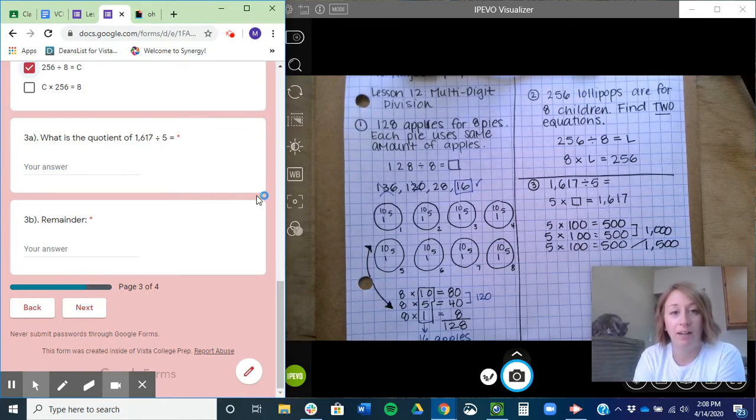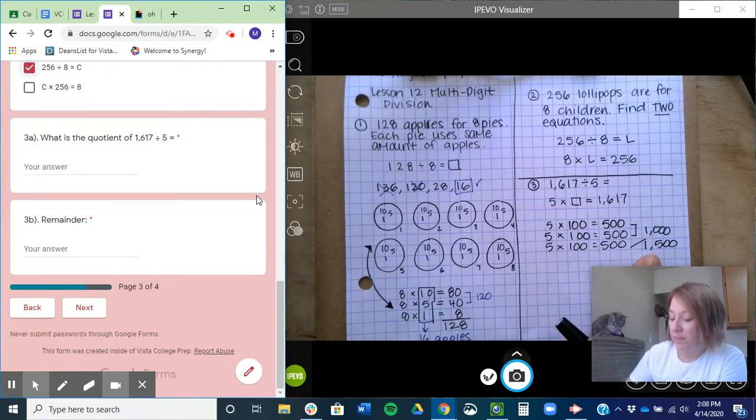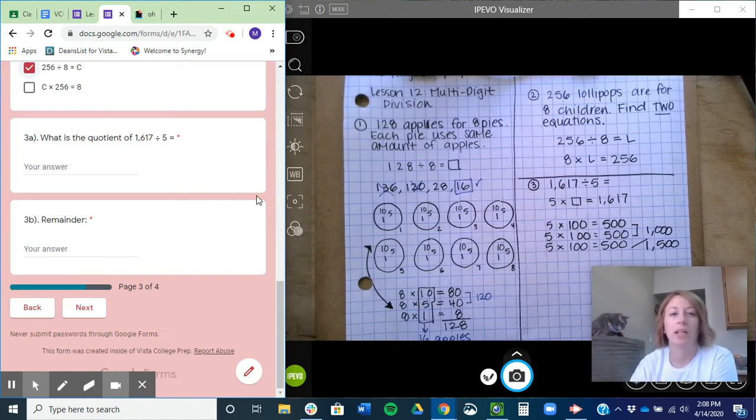We should be thinking, that's right, how much more. If we're at 1,500, how much more to get to 1,617? This might be a little tricky to do in your head, but remember, if you use place value, this should be a little bit easier for you.